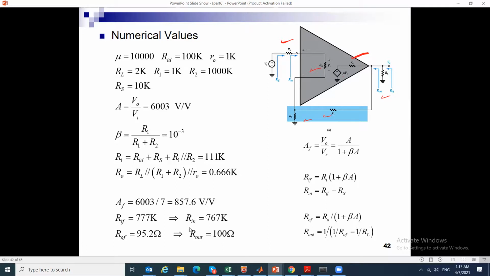Those quantities here, AF, Rin, and R out, they are for the full feedback amplifier.